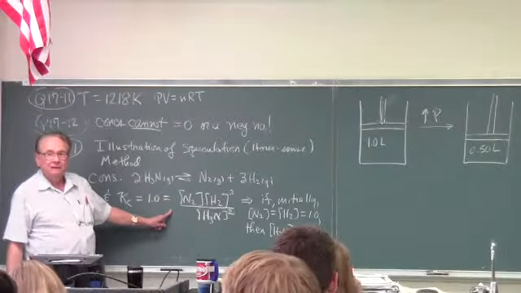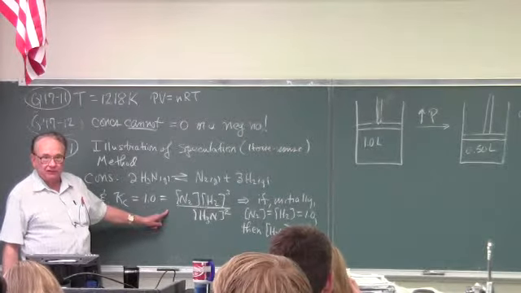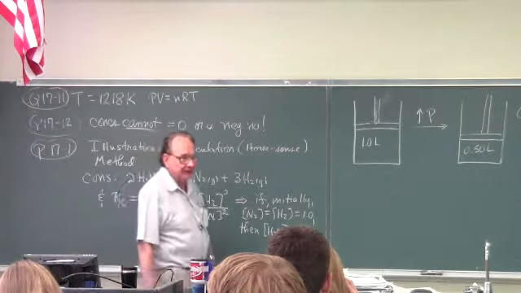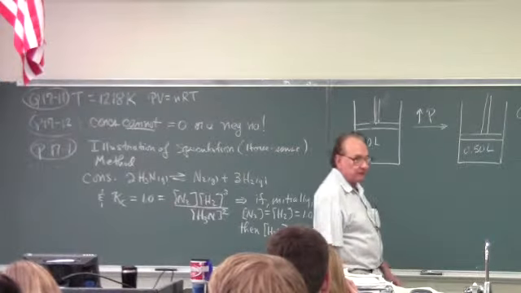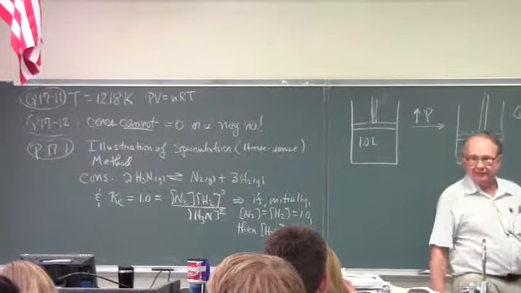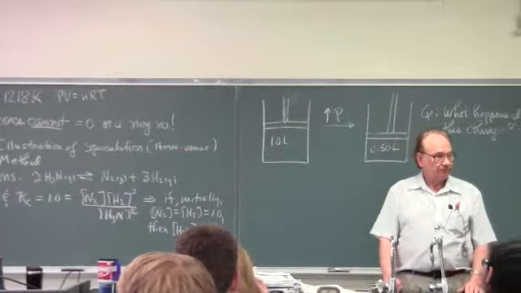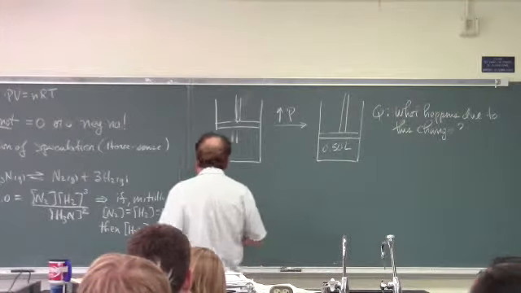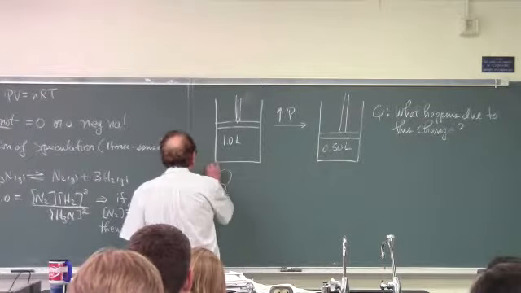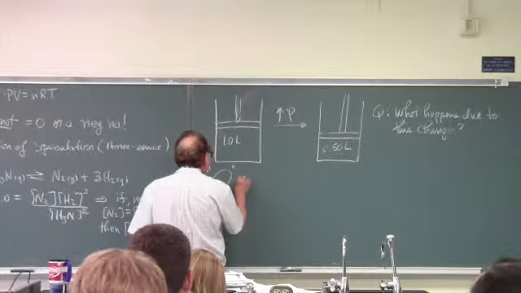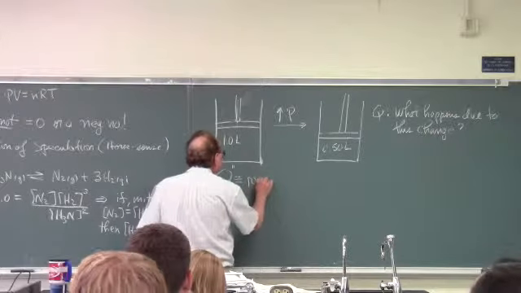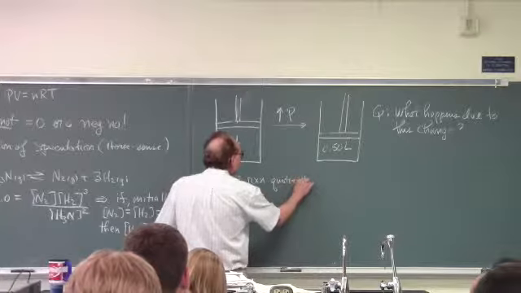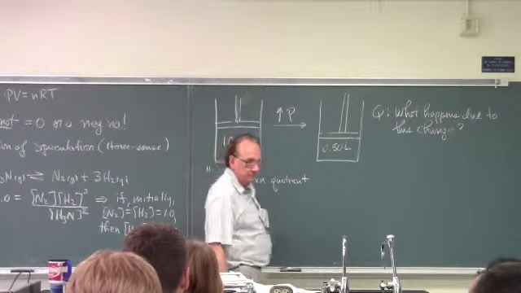Now, when I kill this equilibrium by changing the concentration, what reaction has got to take place to get us back to equilibrium? Is it left to right? Or is it right to left? We talked about this before.